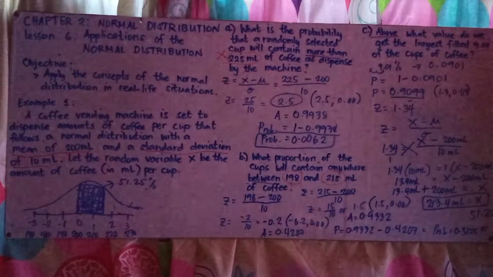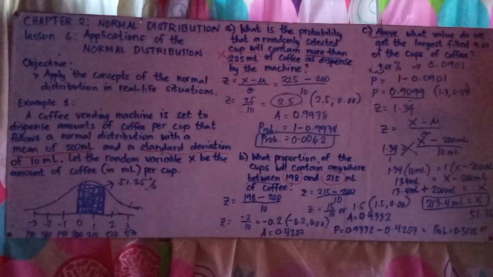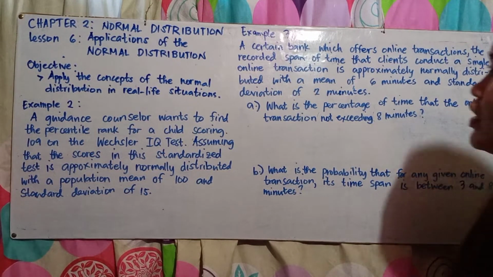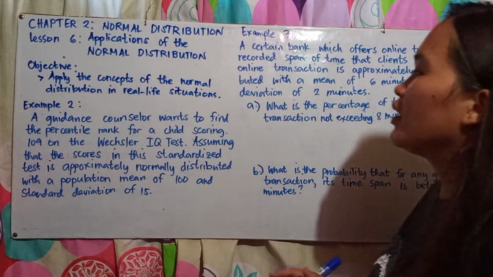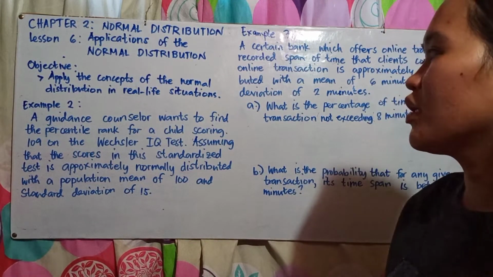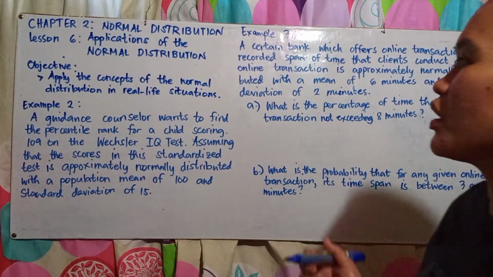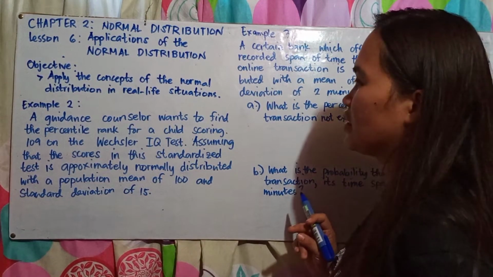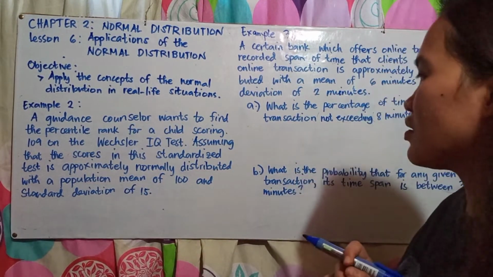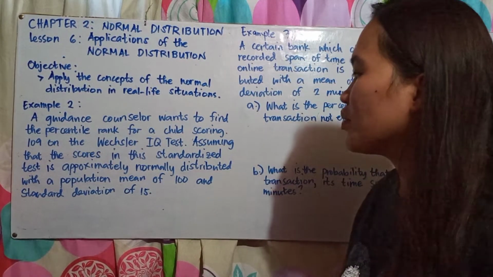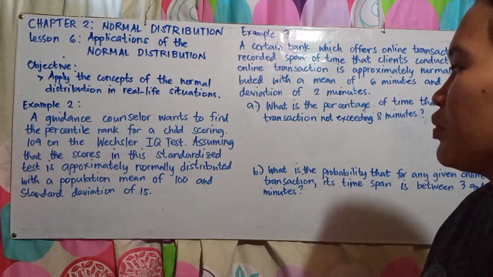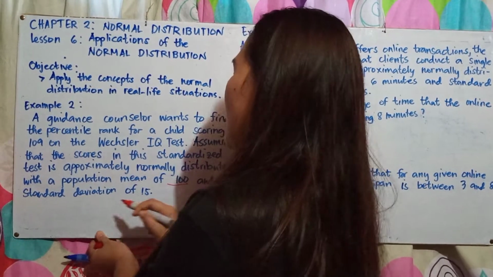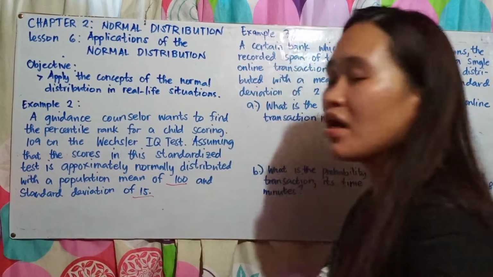Okay, next, example number 2. A guidance counselor wants to find the percentile rank of a child scoring 109 on the IQ test, assuming that the scores in this standardized test are approximately normally distributed with a population mean of 100 and a standard deviation of 15.